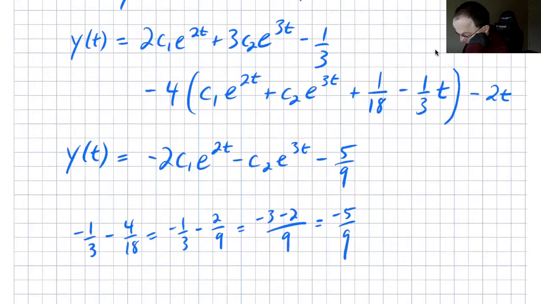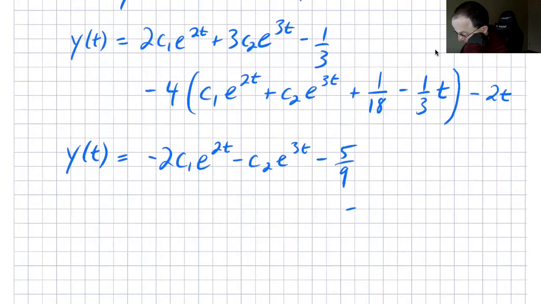And then we're going to have minus 4 times negative 1/3 t, and then minus 2t. So we're going to have 4 over 3 minus 2, so that's 4 over 3 minus 6 over 3, which is negative 2/3.